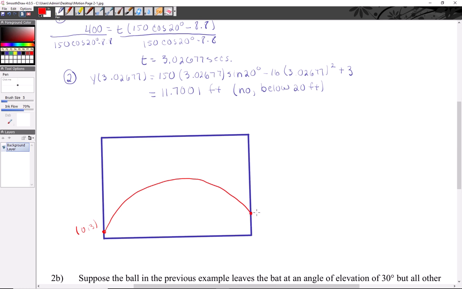And this point here, this is kind of where the fence is, so we can label this 400 here. We can label this 0. And this would be the point that we just calculated. X is 400 and Y is 11.7001.